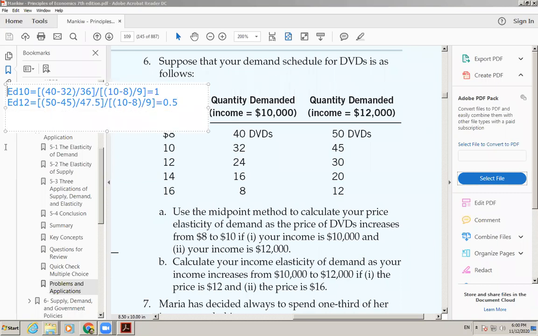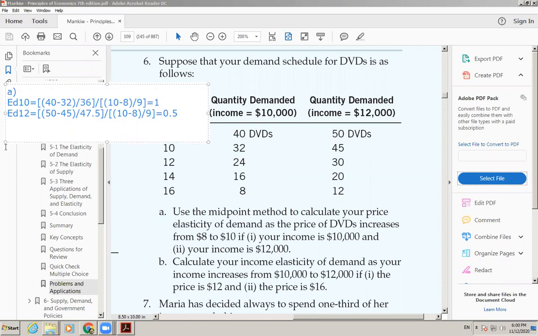This is A. And B: calculate your income elasticity of demand if the price is $12, and the second case is when the price is $16. So if the price is $12, your income elasticity of demand, as your income increases from 10,000 to 12,000.